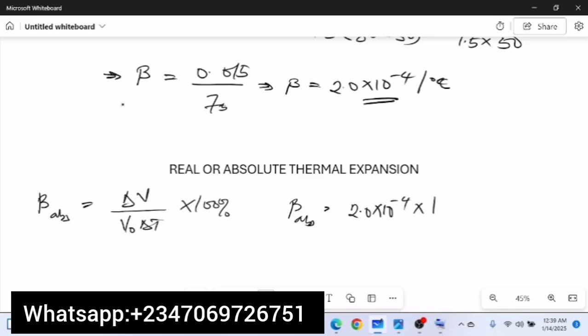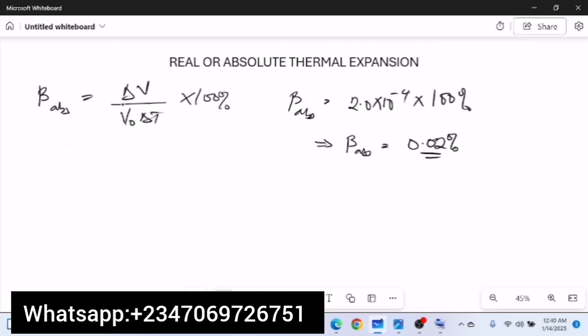Now you multiply this by 100% and express it as a percentage. So the absolute thermal expansion for that given question is simply 0.02%. So this becomes the absolute or real thermal expansion of that given question.